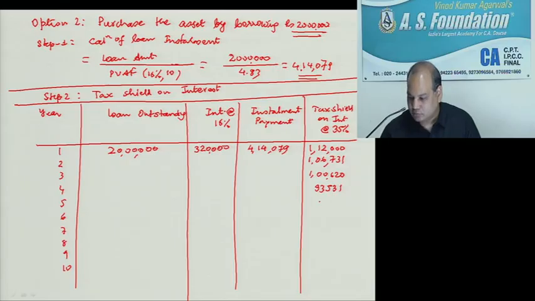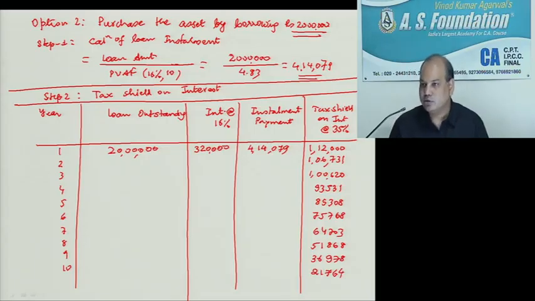Next: 85,530. Next: 75,768. Then: 64,703. Then: 51,868. Then: 36,978. 21,764. Is it 21,764?